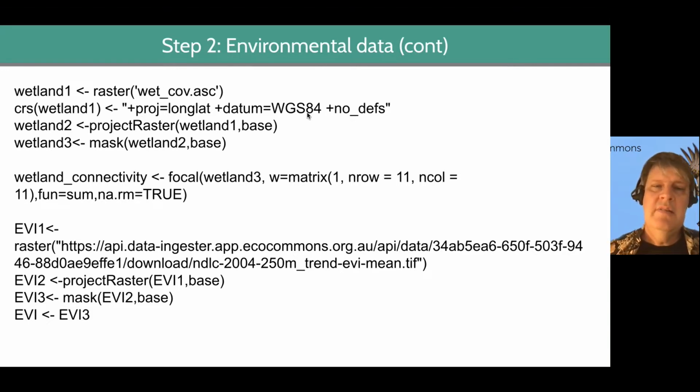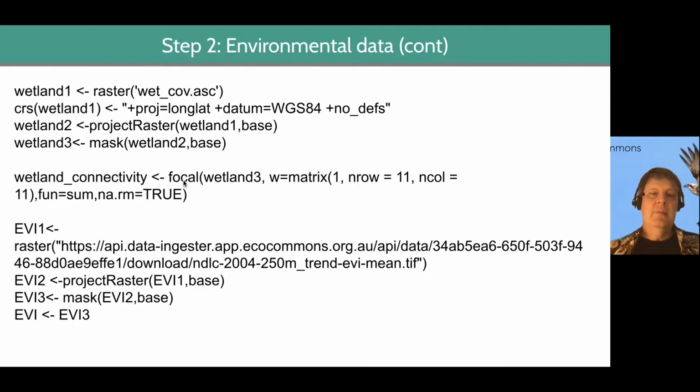We set the CRS for that raster layer. We then use project raster, and we mask that. So those are the kinds of steps that you need to think about for each environmental data raster layer that you produce. You want them all to match base.